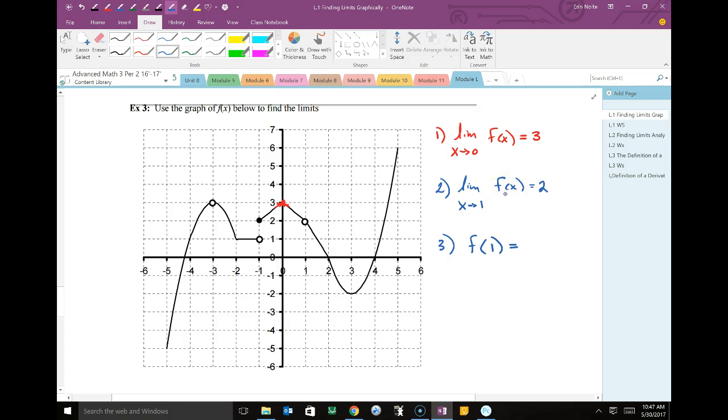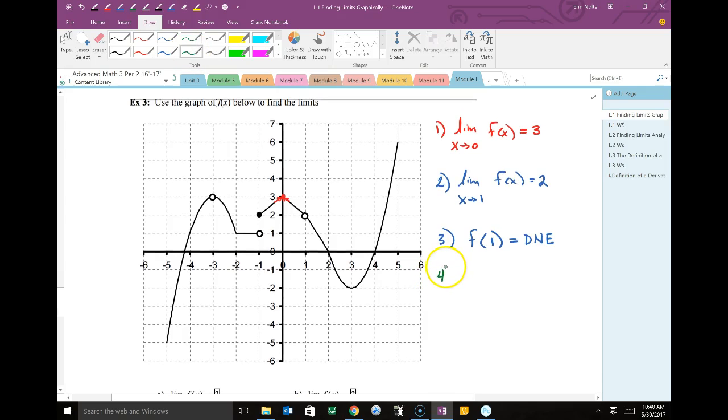Limits try to figure out what a function is approaching without knowing exactly where it's going, whereas the function value is asking you for a specific point. The point at 1 is the hole, so there is no point, so this is an undefined value. And we can say it does not exist.